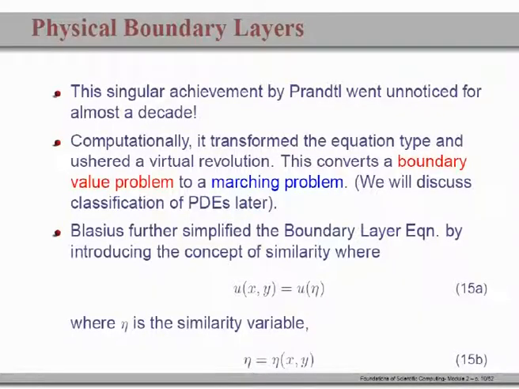So, he said that look, I will find a combination of x and y, and I will call that eta, so that the solution will not be dependent on x and y separately, but could be written down as a function of a single variable eta.